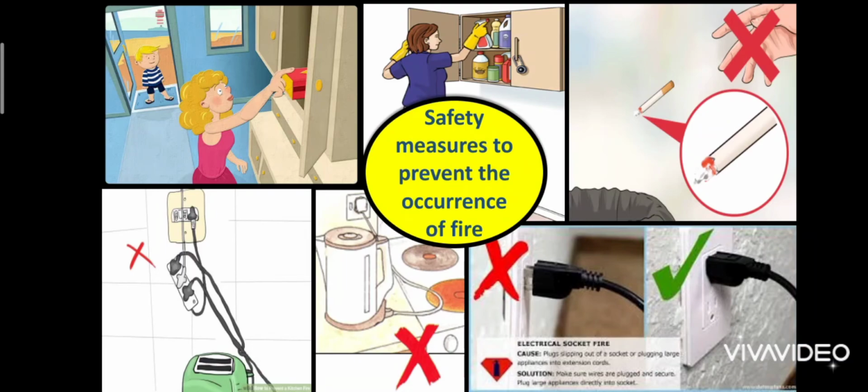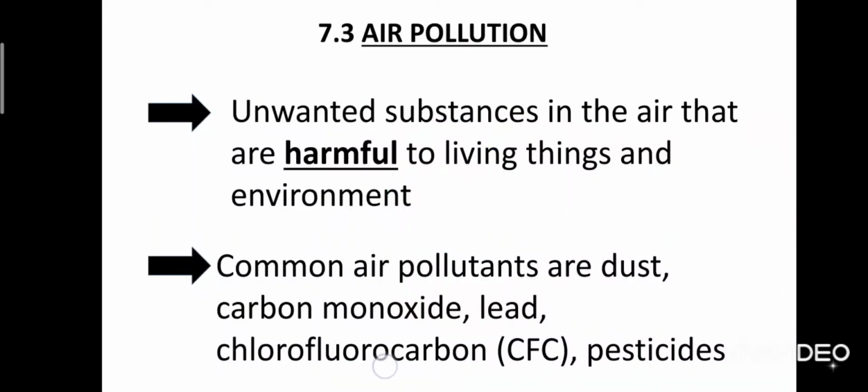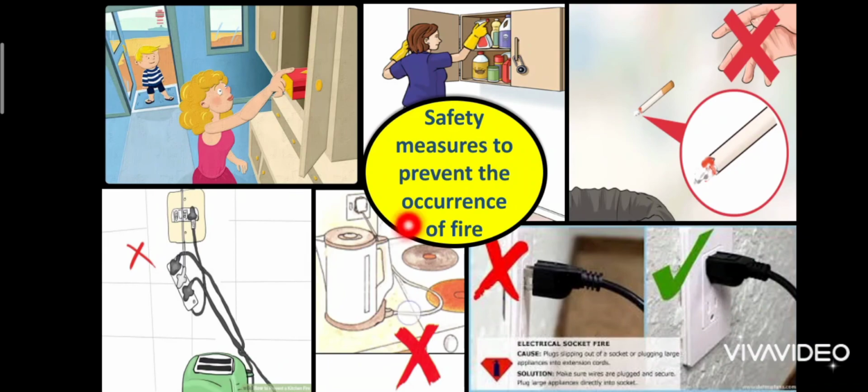Okay, for the next picture, we can see that the kettle is near the stove. Then you can see from the picture the wire is touching the stove. So please be careful while you handle all these materials that can cause a fire.